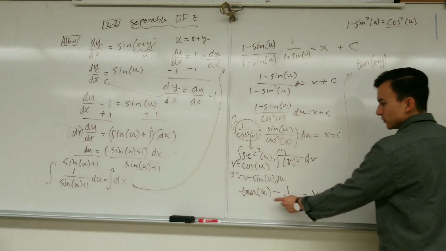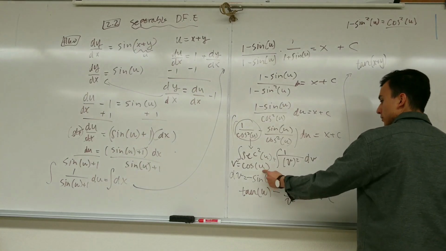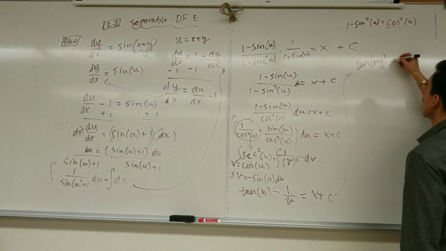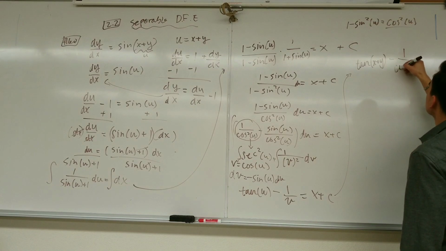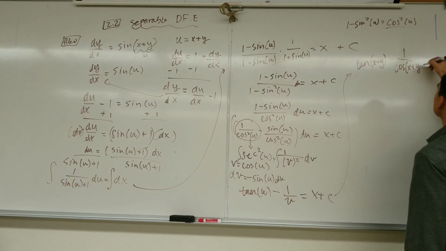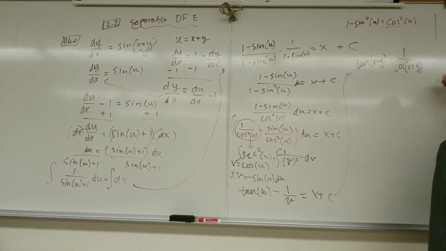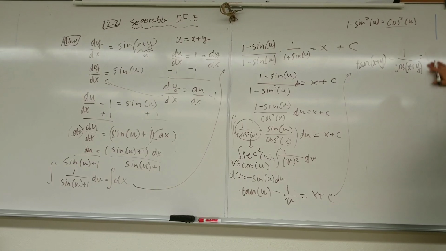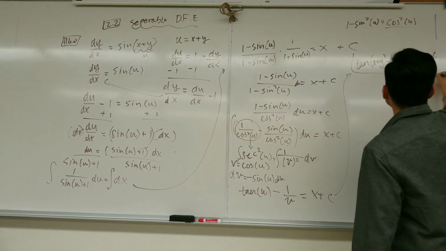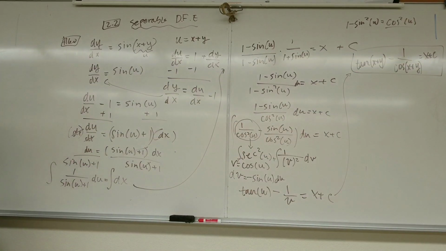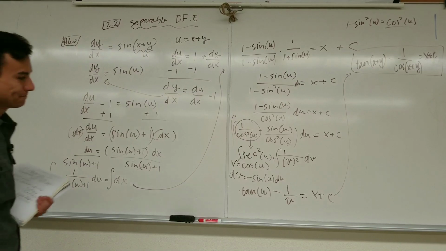Okay, so v was cosine u, and our u was x plus y, so cosine of x plus y, equals x plus c. And boom. So a long process, but got us to the answer.